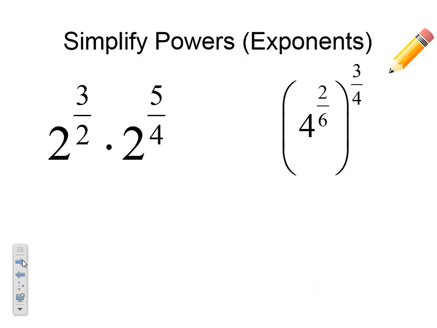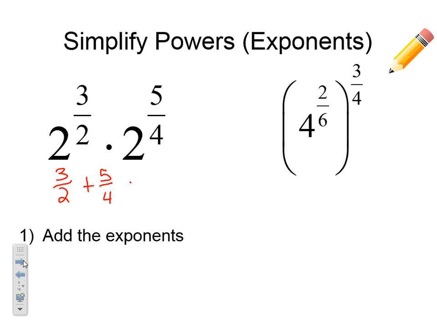This first one right here, if I'm multiplying two bases that are the same, I'm going to add my exponents. So I'm going to take 3 halves plus 5 fourths. Now I'm not going to expect you guys to do this by hand. You're going to grab your calculator and you're going to type it in. But I do not want any mixed numbers. They have to be left as improper fractions, okay?